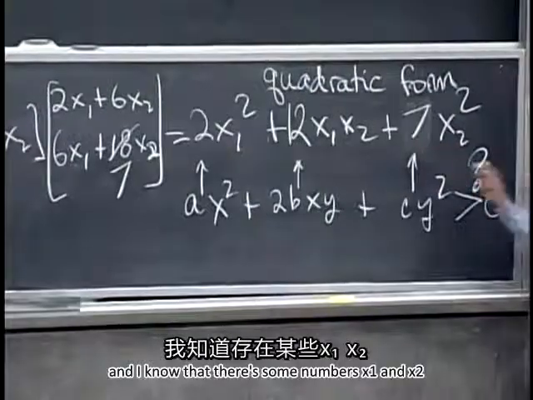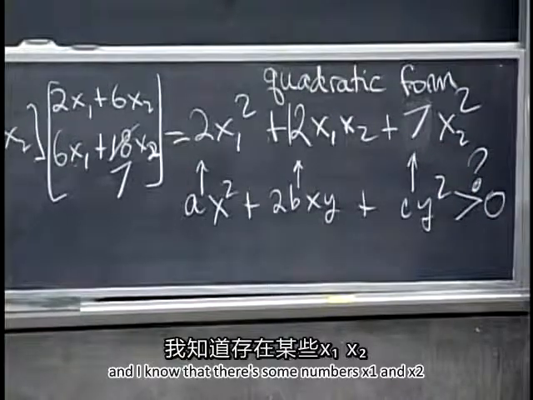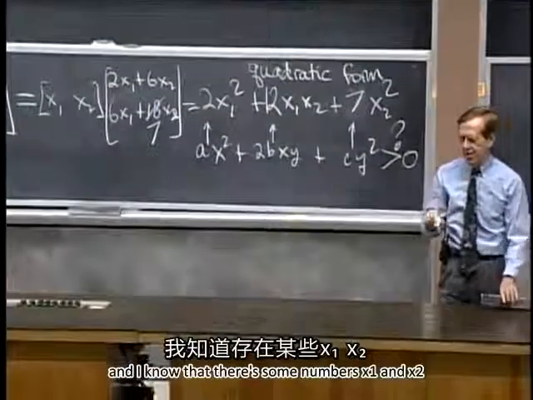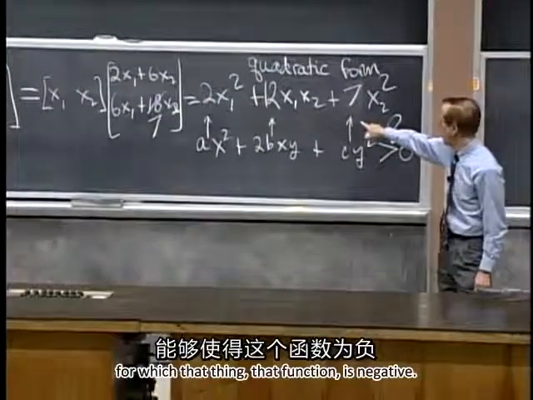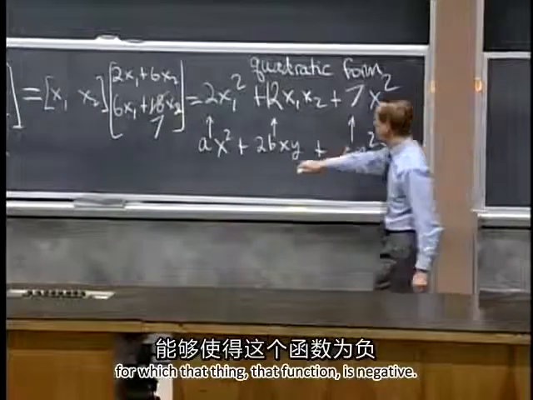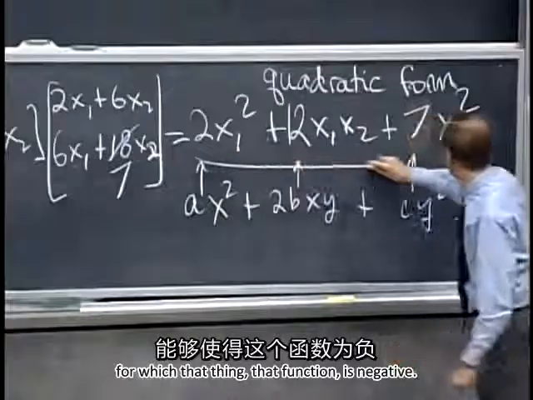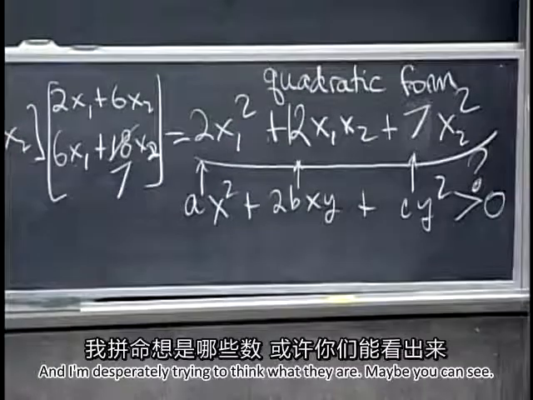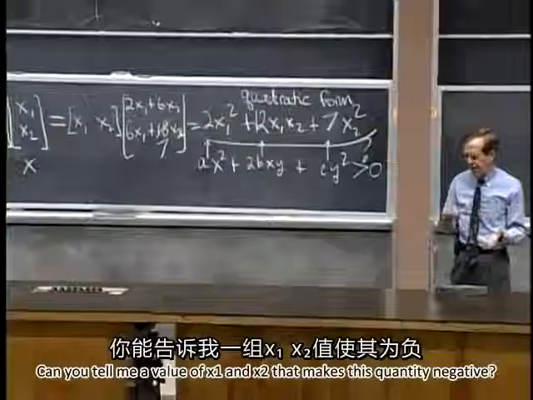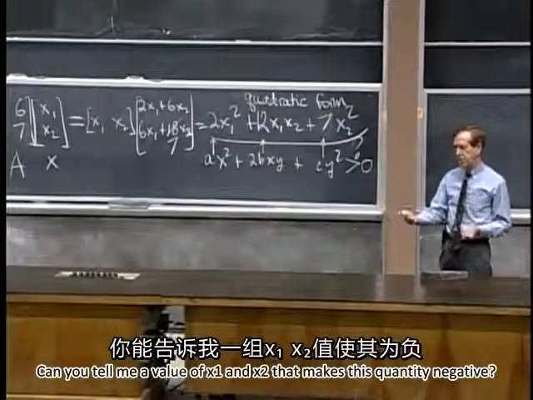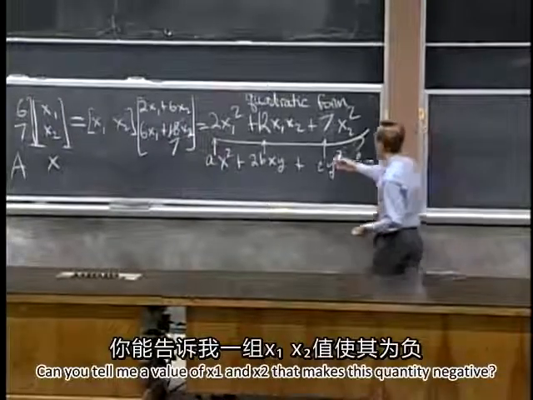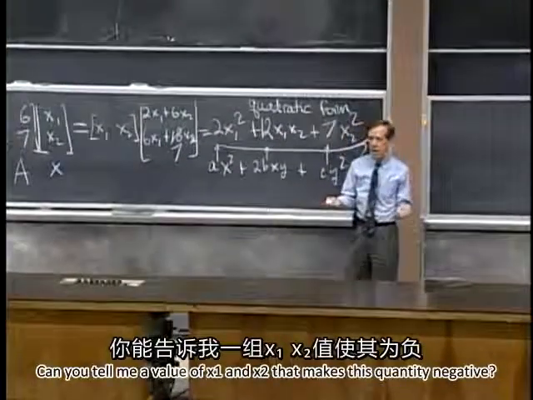And I know that there's some numbers, x1 and x2, for which that function is negative. And I'm desperately trying to think what they are. Maybe you can see. Can you tell me a value of x1 and x2 that makes this quantity negative?